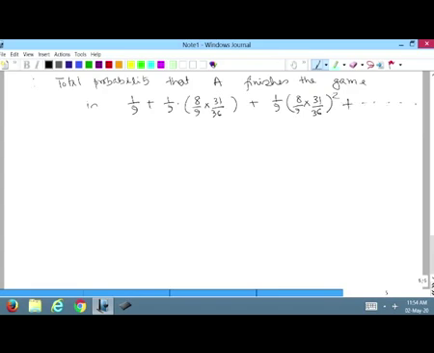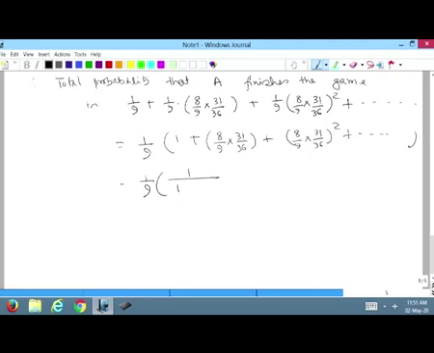As you can understand, this is going to be a GP series, equal to 1 by 9 into 1 plus 8 by 9 into 31 upon 36 plus 8 by 9 into 31 upon 36 whole square plus this infinite series, and we know that the sum of this series is going to be 1 upon 1 minus 8 by 9 into 31 upon 36.